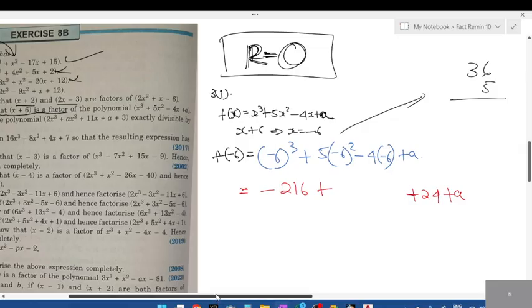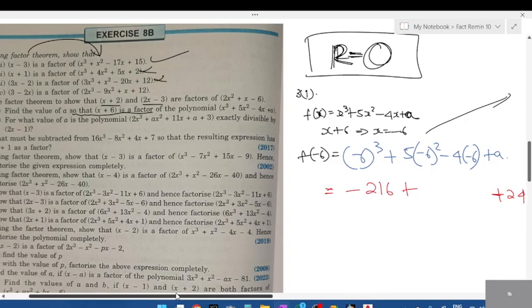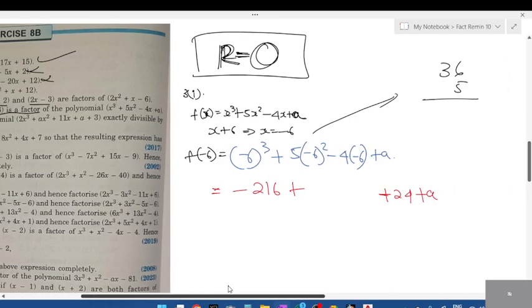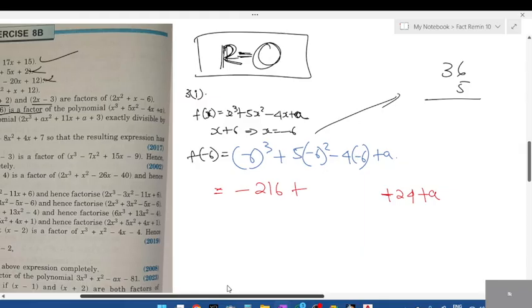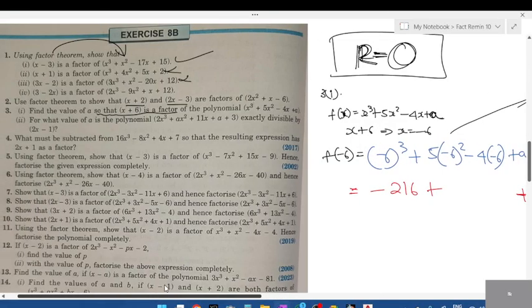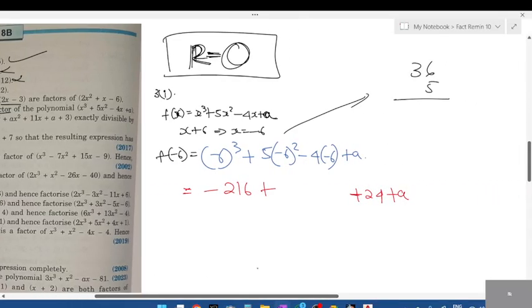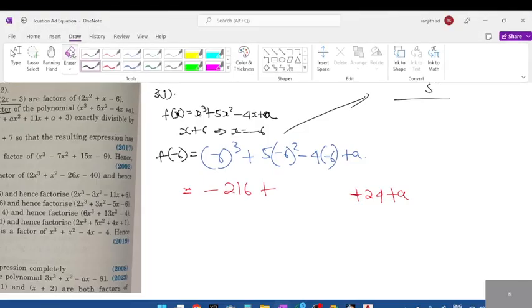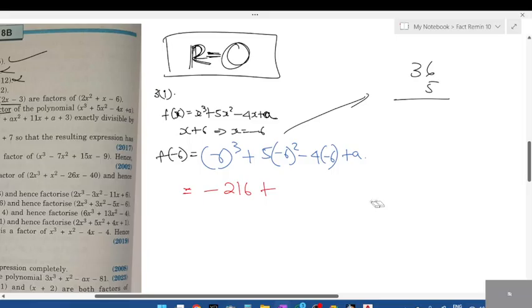Is it minus a in the question? Minus 4x plus 4a, Mariana. What is given? Look at the question. Yes, what is 36 into 5? How much did you get?